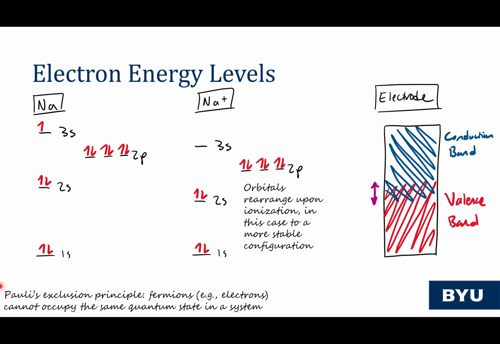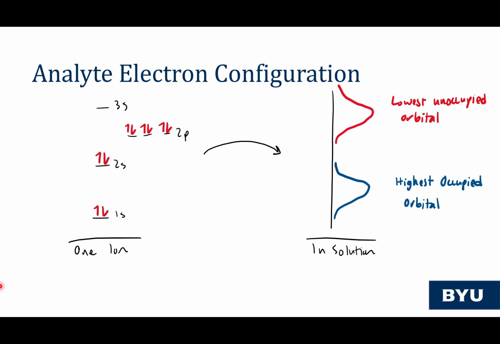What we end up with is a valence band at lower energy states and a conduction band at higher energy states. As electrons move through a conductor, they're moving through the conduction band. And in metals, what we define as conductors is when the conduction band and the valence band overlap, which makes it very easy for electrons to travel through these conductors.